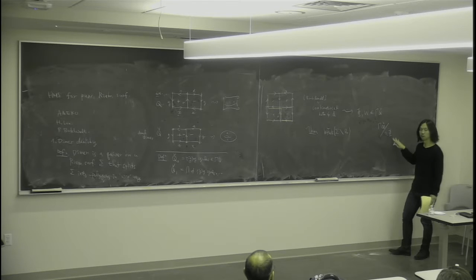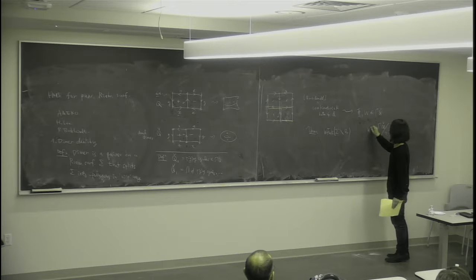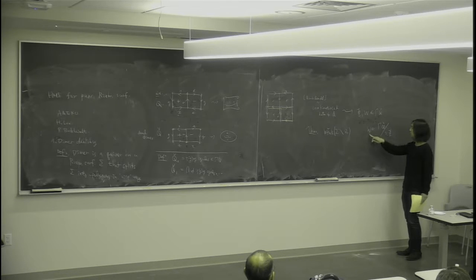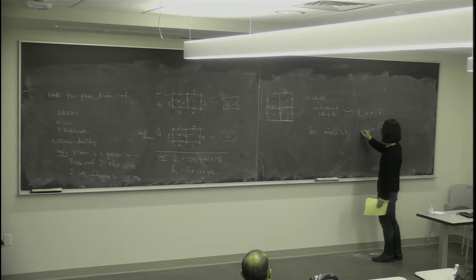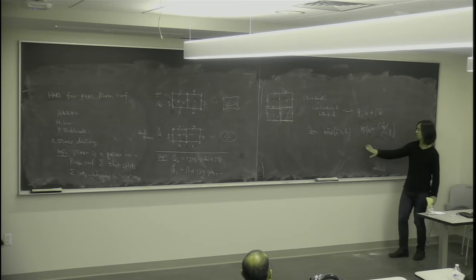You get some non-commutative algebra, and then here's some element W, and this is actually a central element. So this is called a non-commutative Landau-Ginzburg model, and he looked at matrix factorizations of W. And he actually didn't prove they're equivalent.